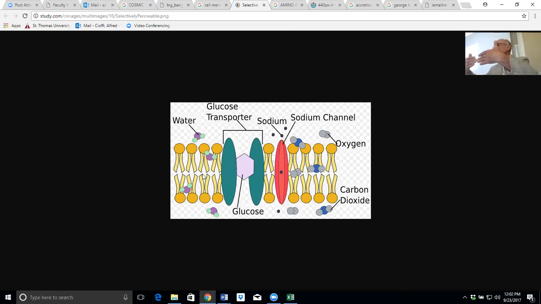They're not attracted either, but what's holding them together is the water on each side. And so these molecules are amphipathic, and the hydrophobic end of the molecule is on the inside. The hydrophilic end is on the outside.